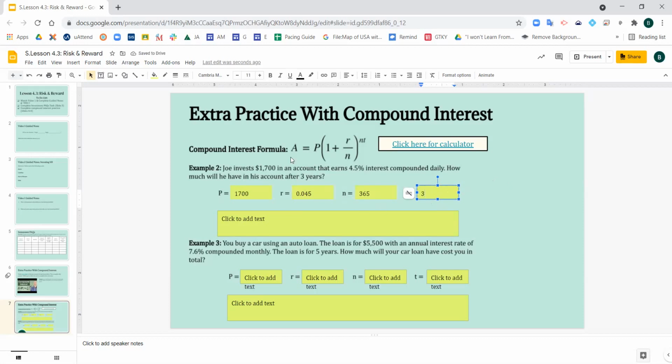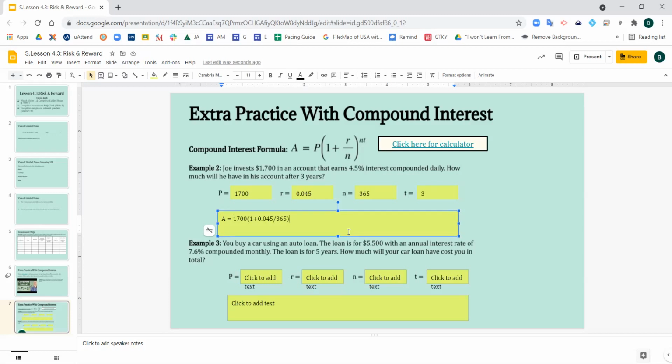So now we've got all of our numbers, and we're just going to plug them into this formula. So I'm going to write A equals, instead of P, we're going to write 1,700, parentheses 1 plus our rate, which is 0.045 over N, which is 365. And that's going to just tell us how much interest we're earning each day.